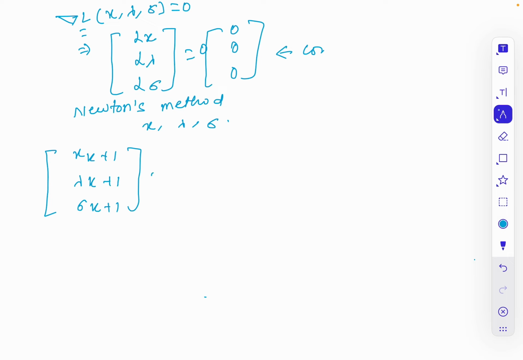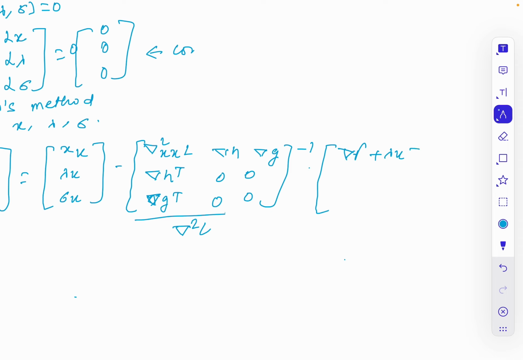This is nothing but delta square L gradient, and then we have basically, just a minute. So you have to solve for these many things. So basically this is the Hessian matrix. This is one of the most difficult parts that you might take time to understand.